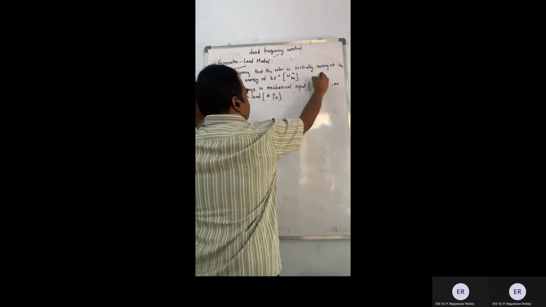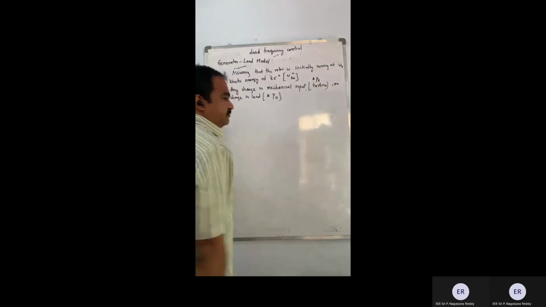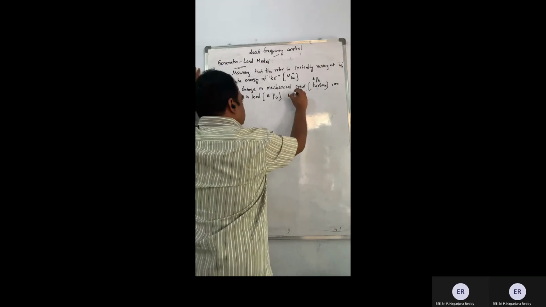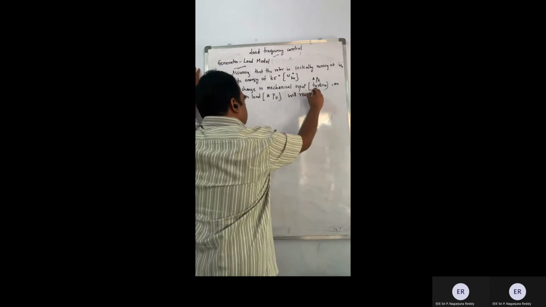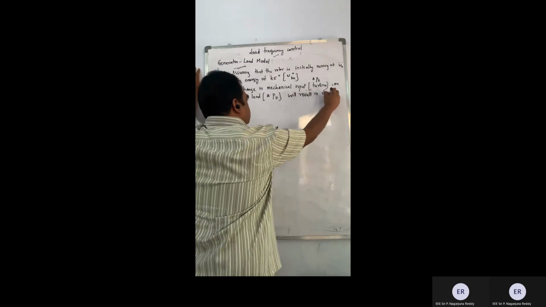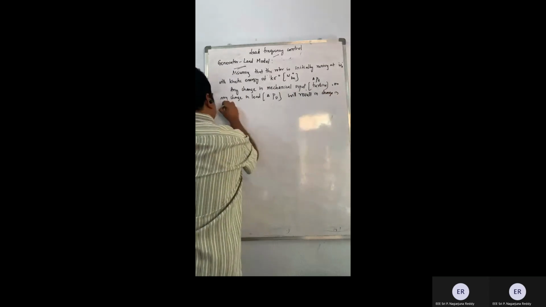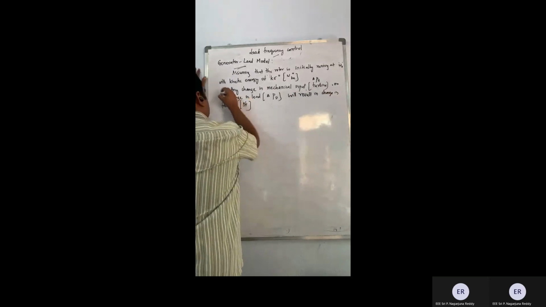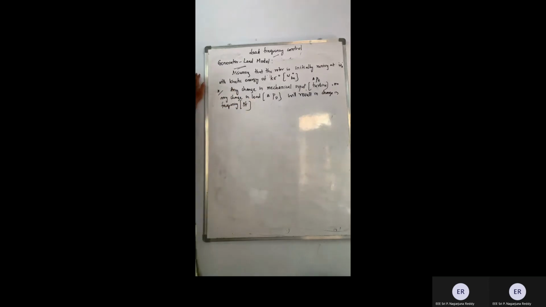This I'll represent as delta PT or delta PM, whatever you want, you can choose. Any change, either delta PM or delta PD, will result in a change in frequency. This is the most important point for which we are going to develop the mathematical model.